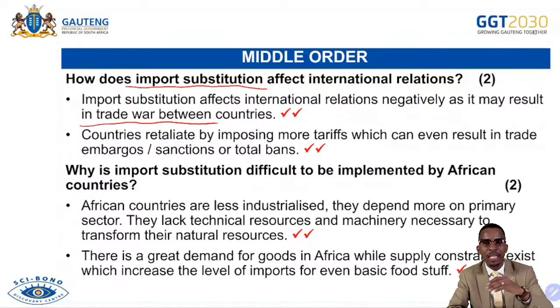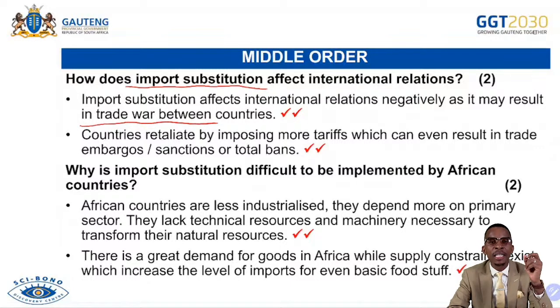They cannot simply impose substitution strictly, because they are less industrialized. They are not producing as many goods and services as are demanded. So we are faced with supply constraints, which lead to an increase in the volume of imports from other world countries, which include even finished goods.